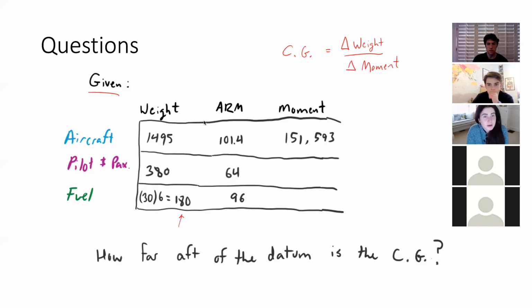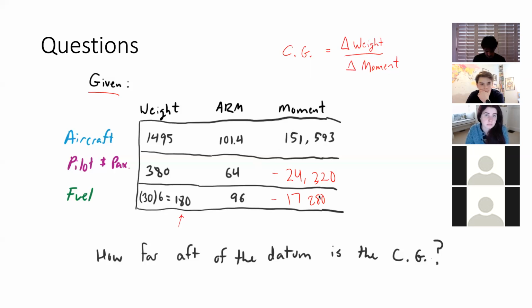All right, I'll go ahead and work through this. So we just need the total moment divided by the total weight. So we just need the moments right here. That's 380 times 64, which is 24,320. 180 times 96 is 17,280.